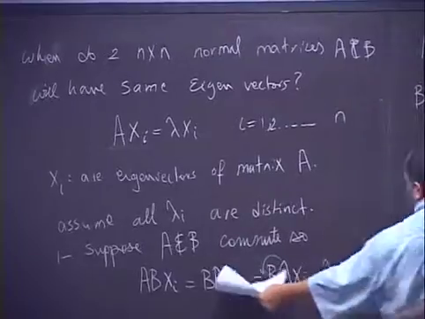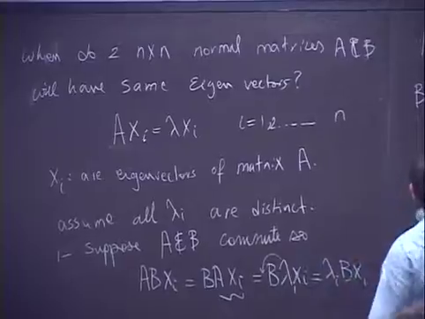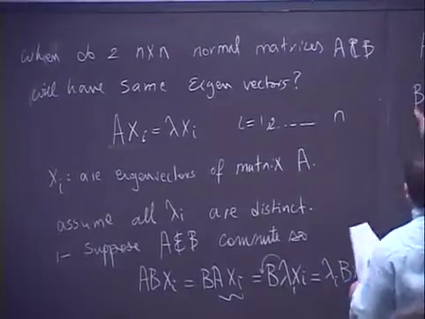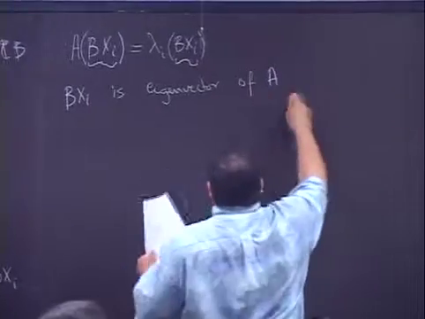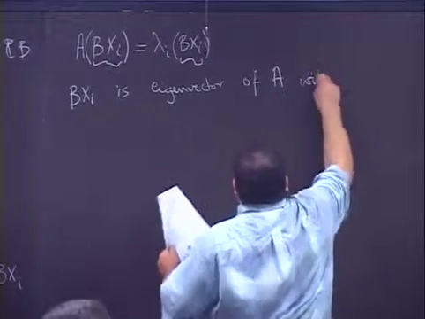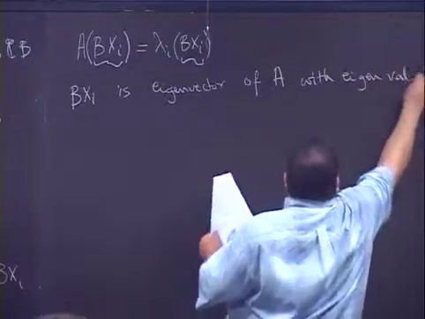Then because the two matrices commute, we reach the fact that B Xi is an eigenvector of the matrix A with eigenvalue lambda i.